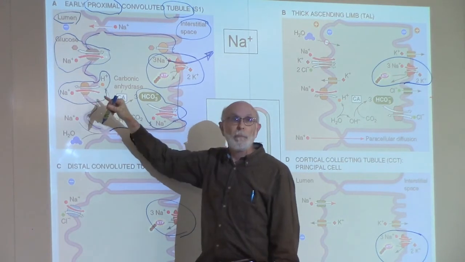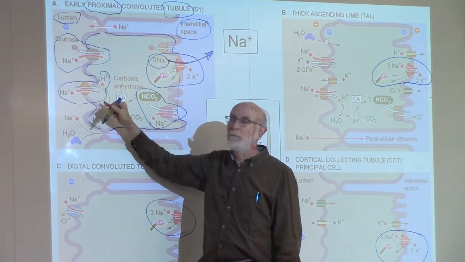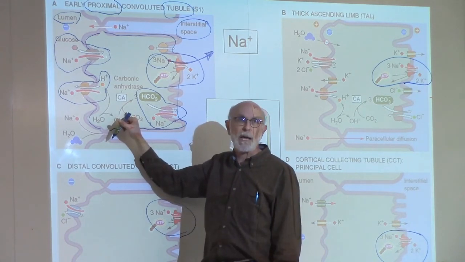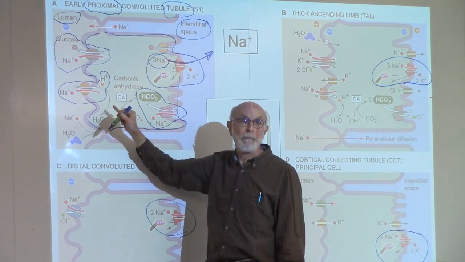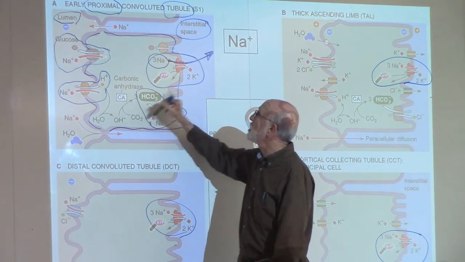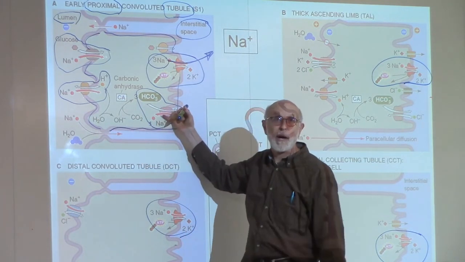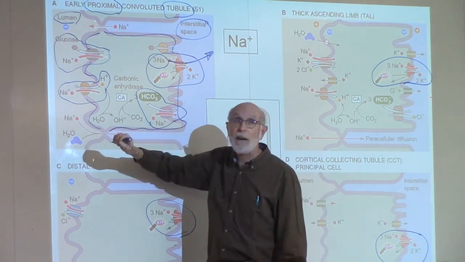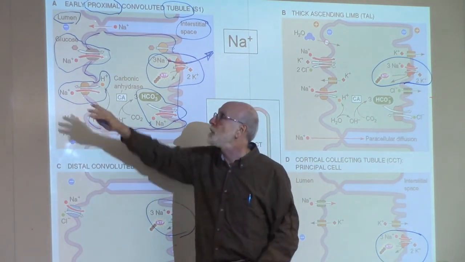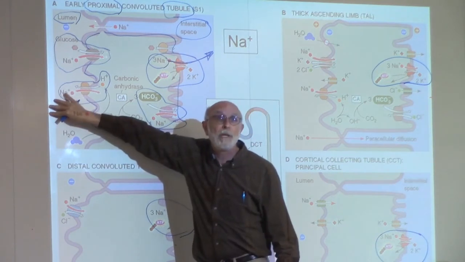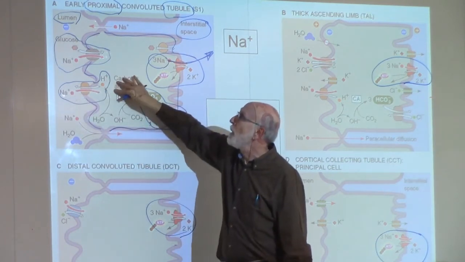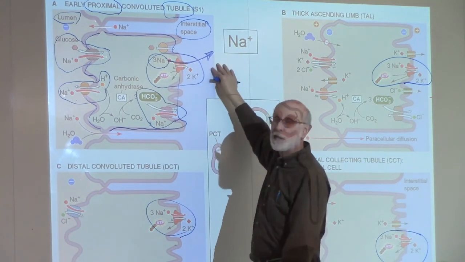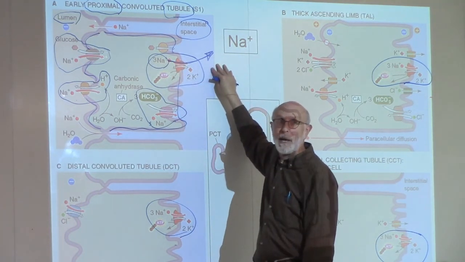A sodium proton exchanger is moving sodium into the cytoplasm in exchange for a proton. And then the sodium is going to be pumped out, either by the ATPase or by the sodium bicarbonate co-transporter. So you can see we have a pathway for moving sodium from urinary fluid through the apical membrane, through the basolateral membrane, into the interstitial space where it can be picked up by a capillary.